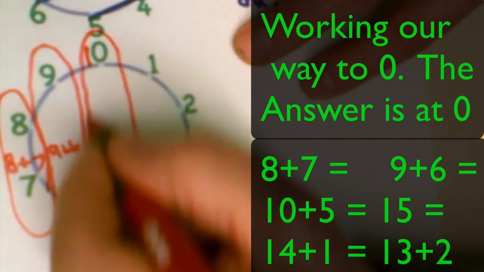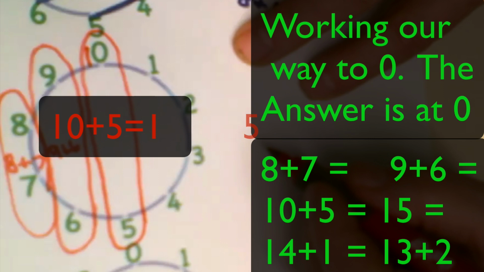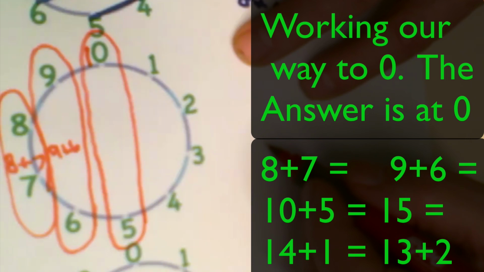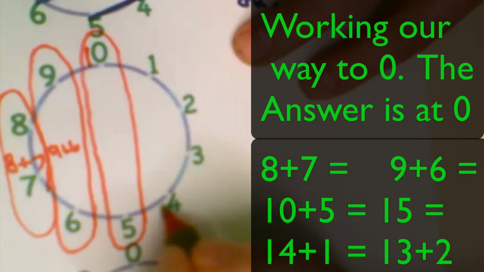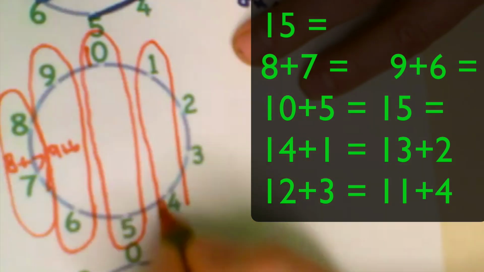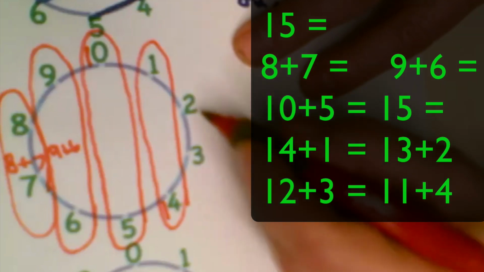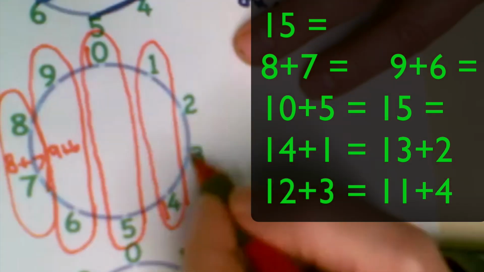And then 8, 9, this is going to be 10 then. So what's the other number? Wait a minute. Oh, 14 and 1. Okay. And then what number? 13 and 2.